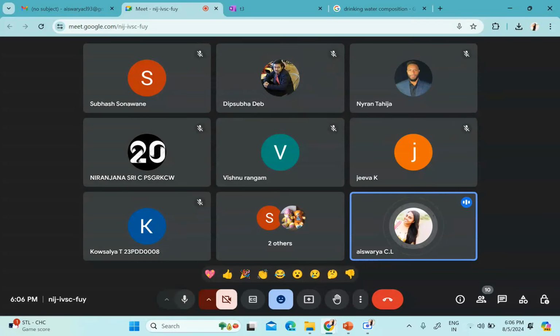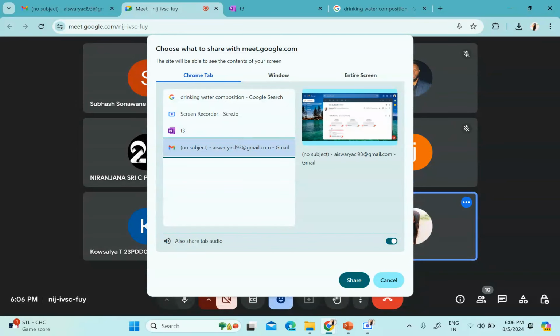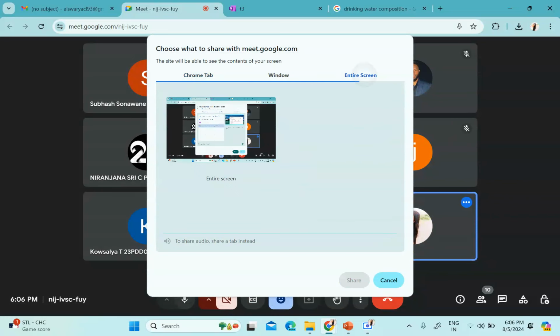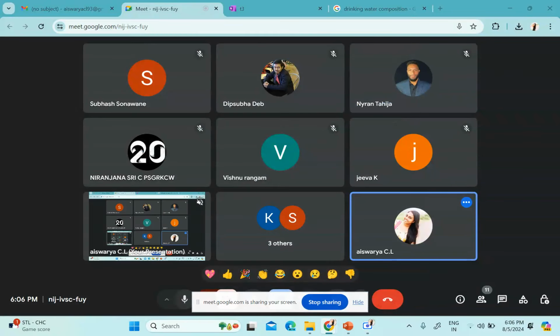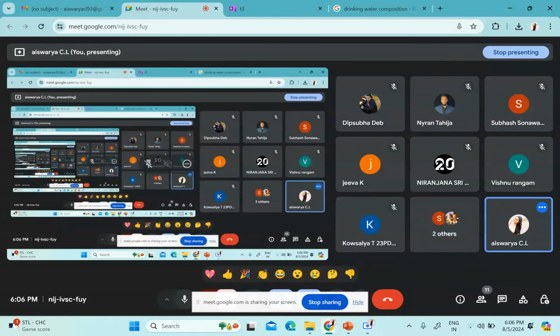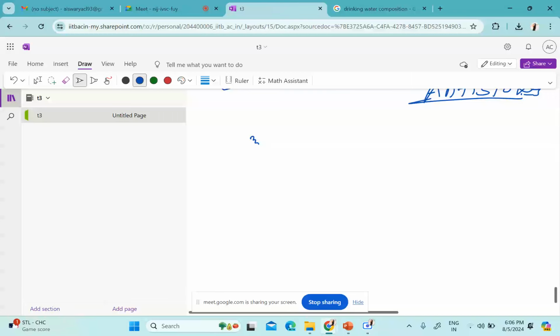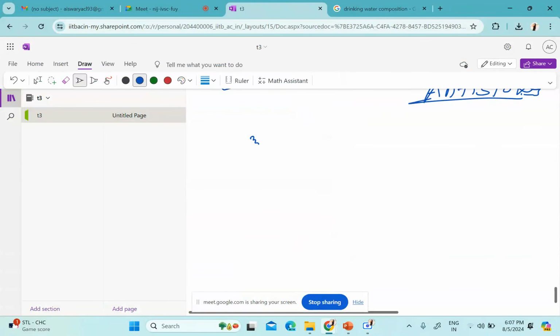I'm sharing my screen. I hope my screen is visible, right? First of all, I will start with the previous class discussion: the difference between pollutant and contaminant.